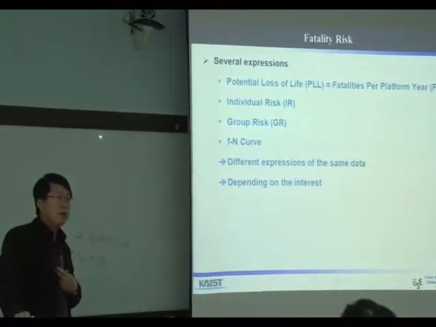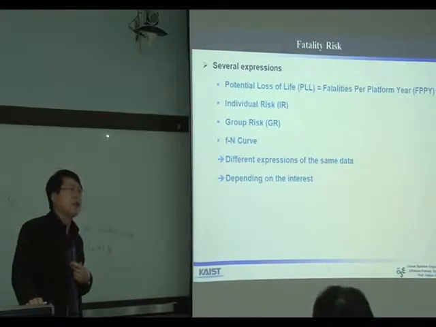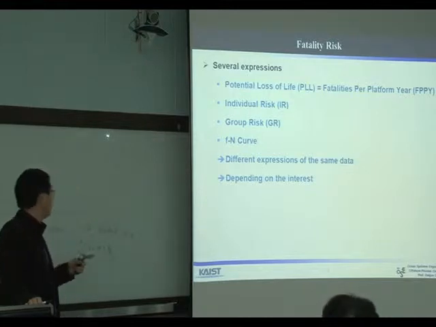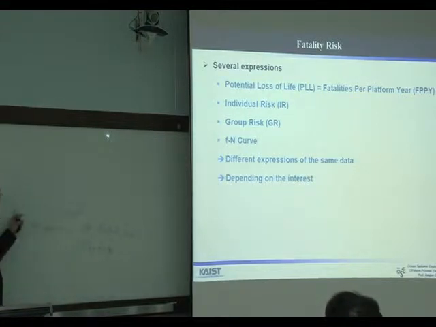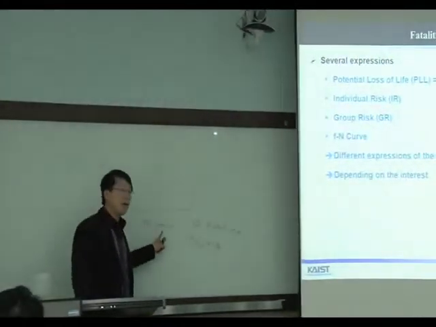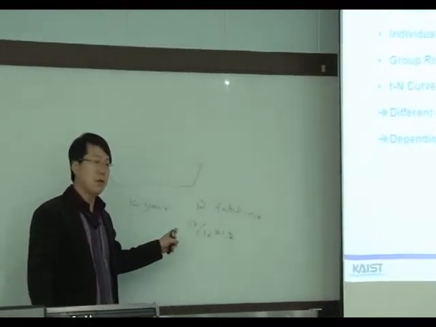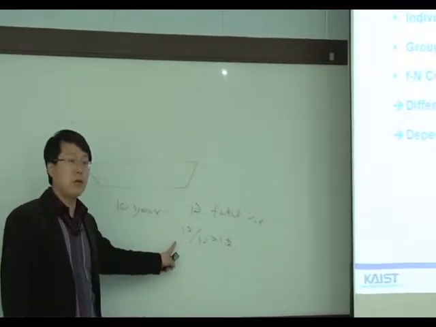Personally, this value has a little meaning. What I mean is that if the installation is big, this value will be big. If the installation is small, this value would be small.